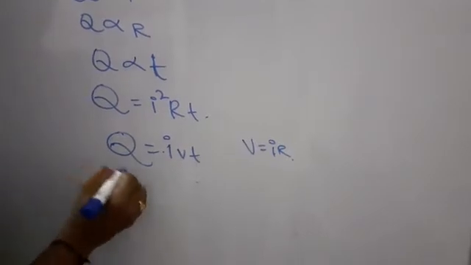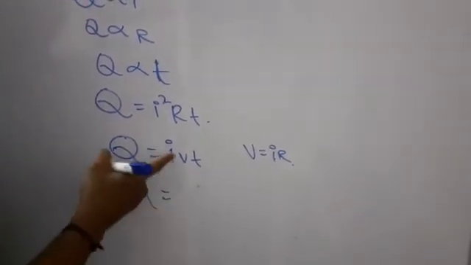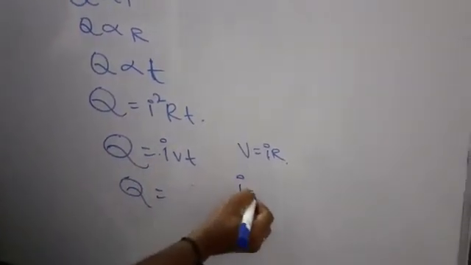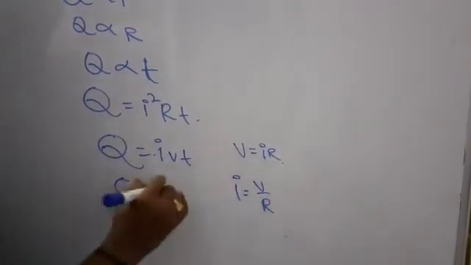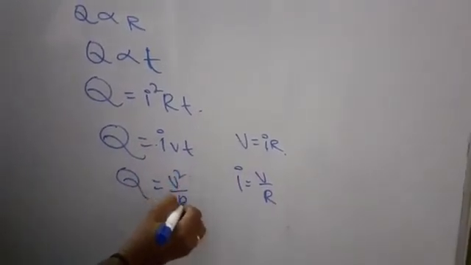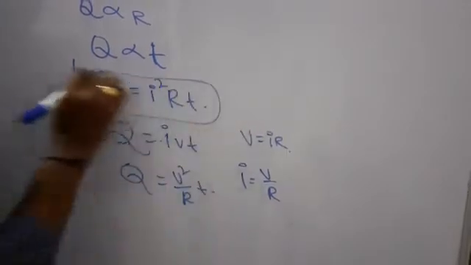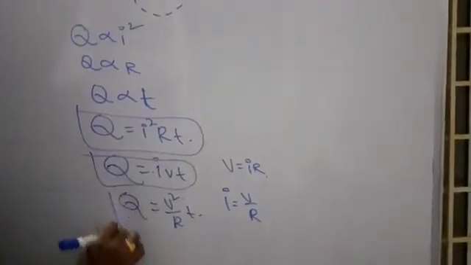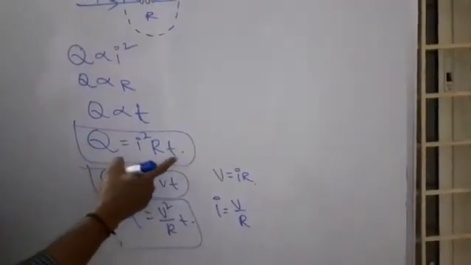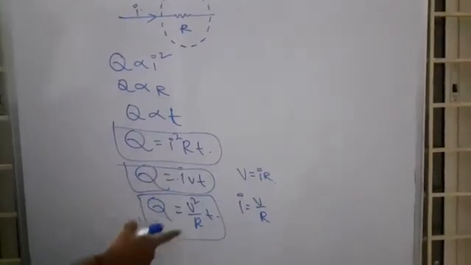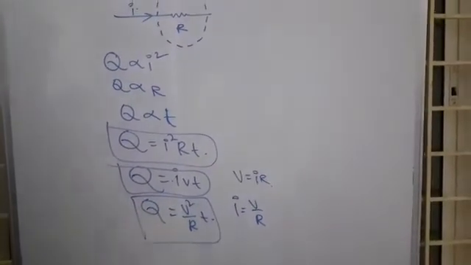Next, I is equal to V by R, so we can substitute Q is equal to V square by R into t. So these are the electrical energy formulas, in terms of current and resistance, current and voltage, and voltage and resistance.